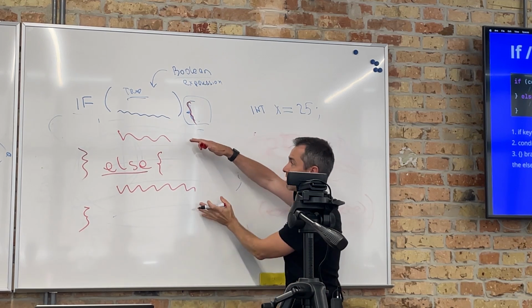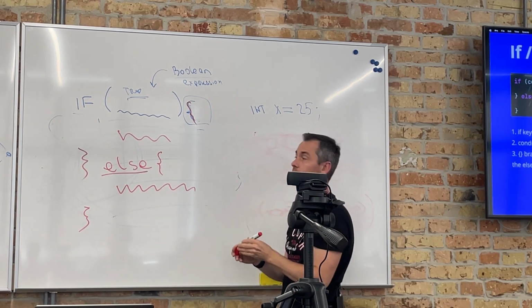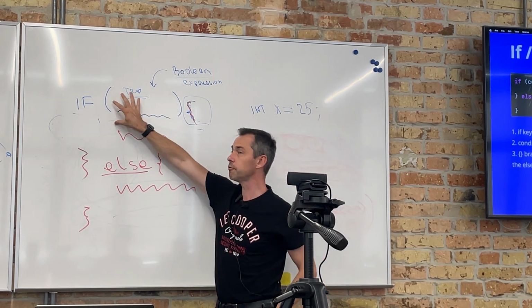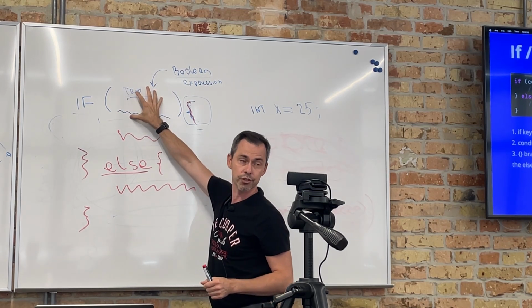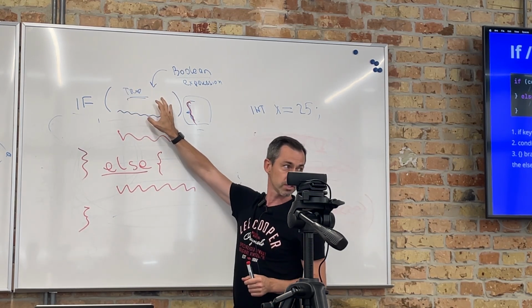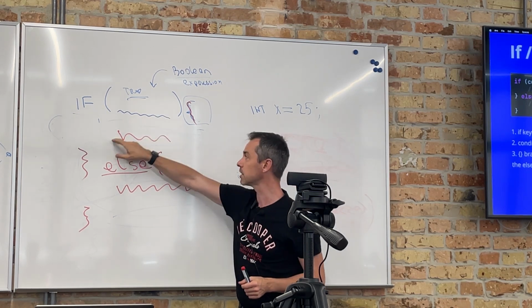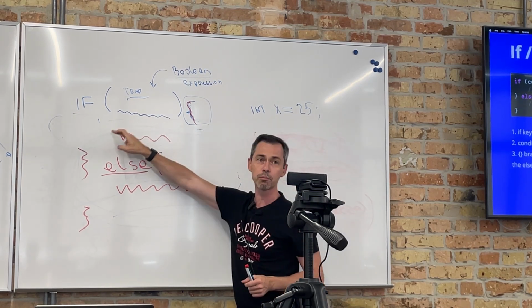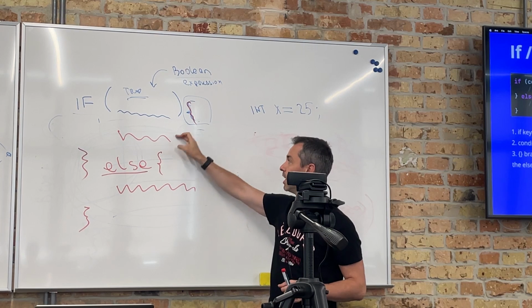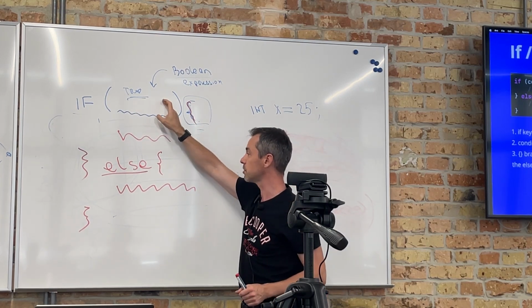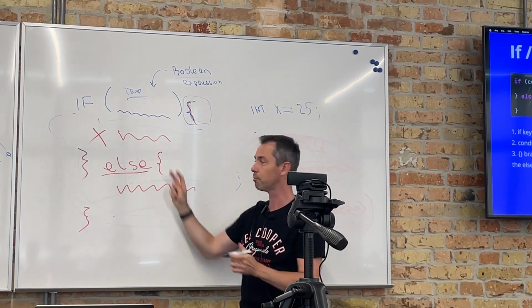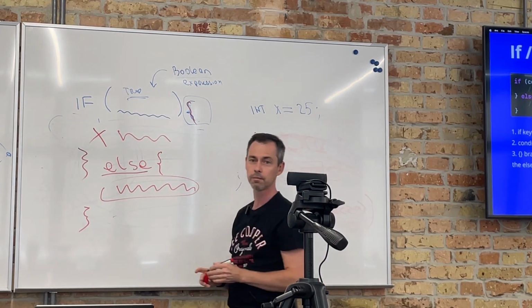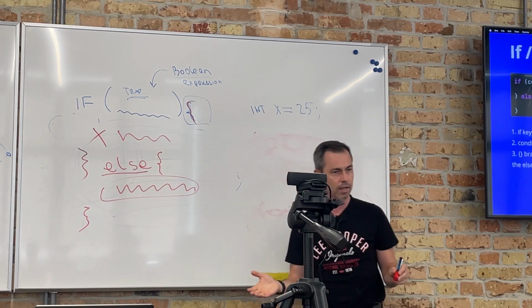So we have basically two variants, two options here. Compiler come to this if statement, calculate this logical expression, get true or false. If compiler get true, compiler execute or runtime machine execute this piece of code. If this expression is false, then this piece of code will not be executed, but this piece of code will be. Pretty simple. Do you understand that?